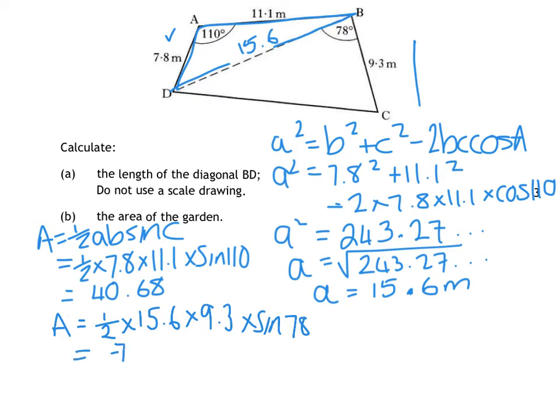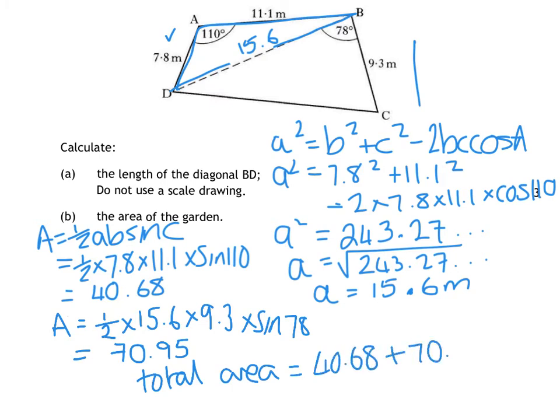And that gives us 70.95. So the total area of the garden is your 40.68 plus the 70.95, which is 111.63, and it would be meters squared for area.